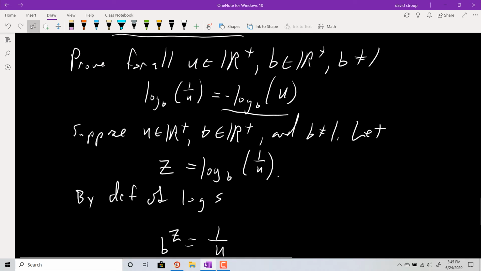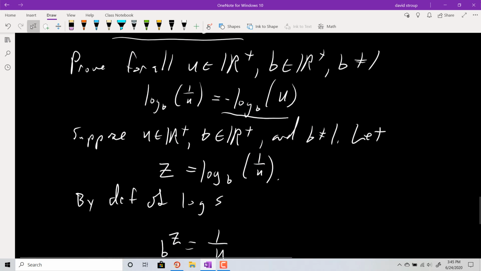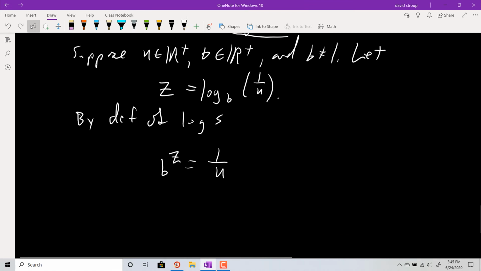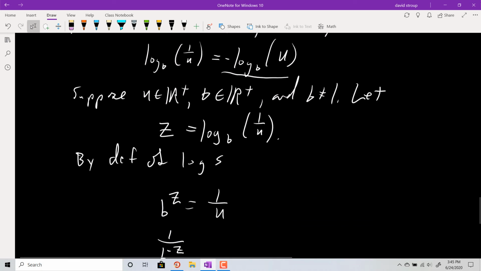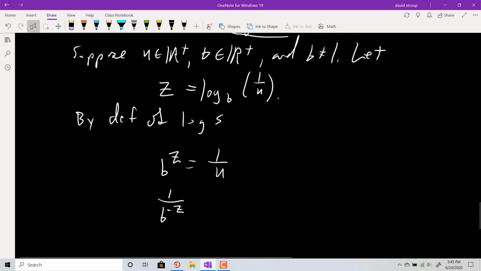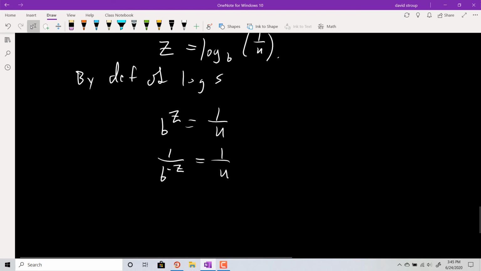Okay, then we could use that exponent rule that I introduced up here, and rewrite this as 1 over b to the negative z. Okay, and that'll equal 1 over u. And then I can multiply both sides by b to the negative z, and I'll get b to the negative z equals u.